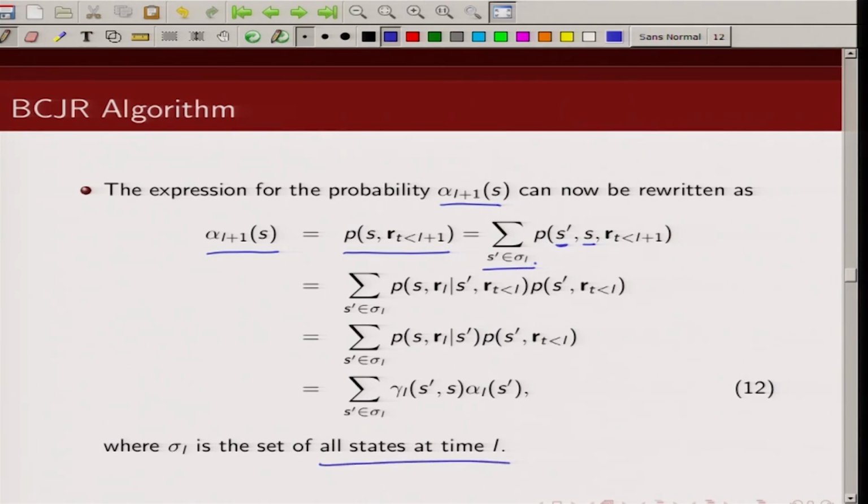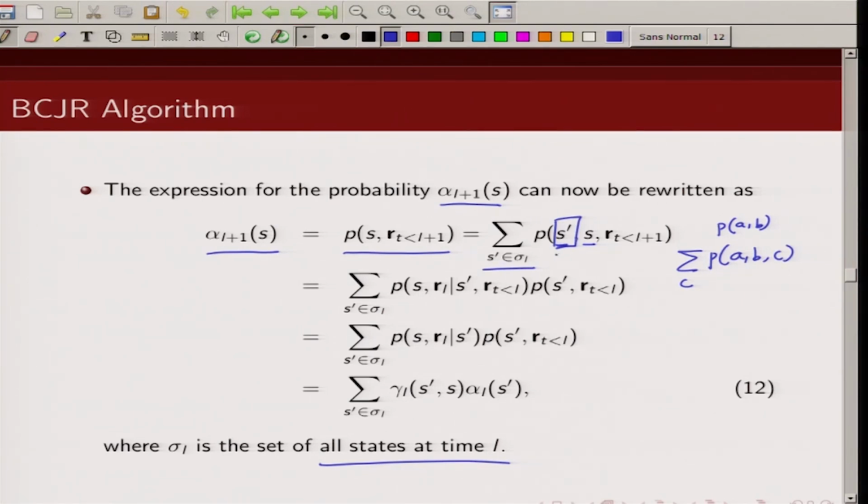So, what I did was, I had some term, the probability of, let us say, A B, and I just added a term, the probability A B C, and summed over all possible values of C. So, that is what I did here. I introduced a new variable S prime and summed over all these possible values of S prime.